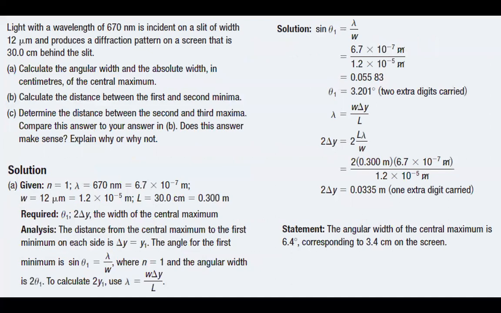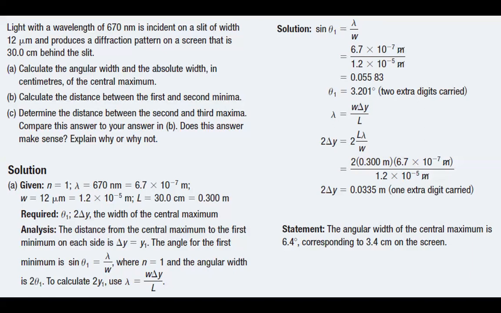Okay, now let's have a look at the solutions. Okay, in question A, we know sine theta 1 equals lambda over W, right? The distance from the central maximum to the first minimum on each side is given by y1 equals delta y.